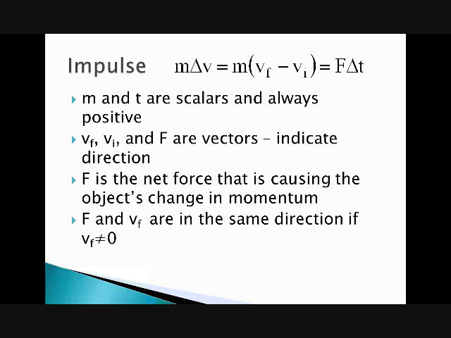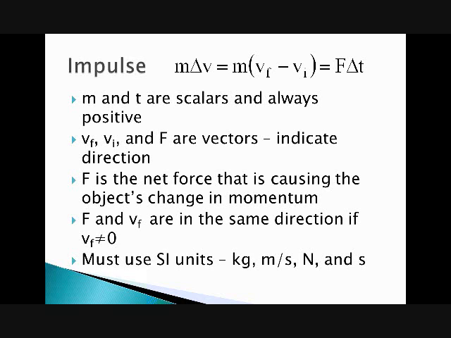The direction of the force and the direction of the final velocity are going to be in the same direction if the final velocity is not zero, if the object is not stopping. If the final velocity is zero, it has no direction. So in that case, force and initial velocity will be in the opposite direction. It has to be, because the force is being used to stop the object.